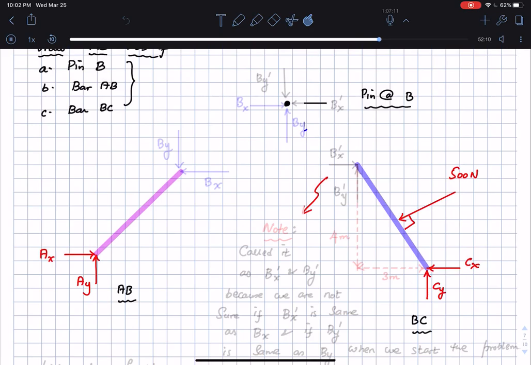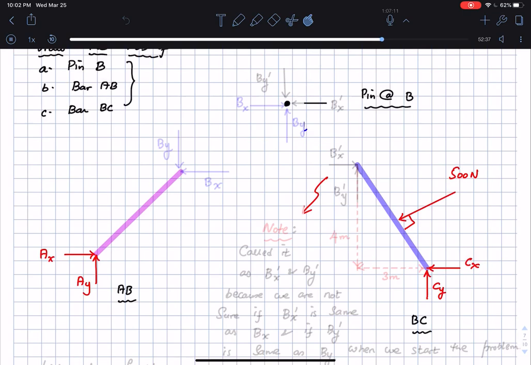Let me take this and let's put this here. This is the bar BC, and likewise here is the bar AB, which is drawn here. Okay, and then here is the pin at the point B. Okay, so this is what we have so far. And I have some dimensions which I can make use of in our problem. Okay, so here are the dimensions.